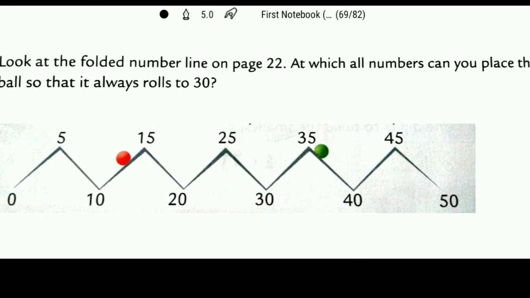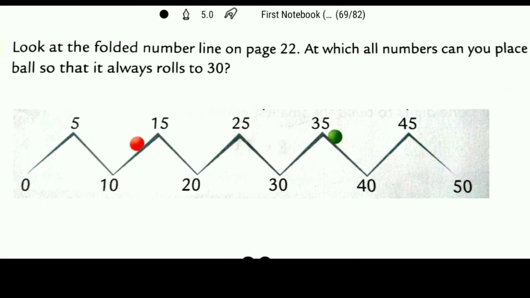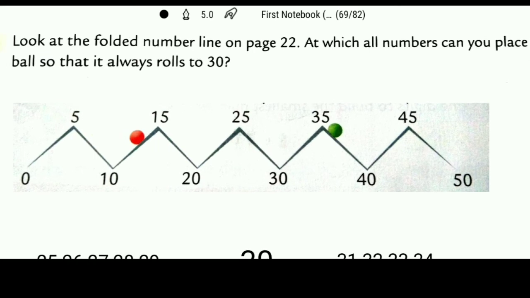Next, look at the folded number line on page 22. At which numbers can you place the ball so that it always rolls to 30? Okay, see, where is 30? 30 is here.